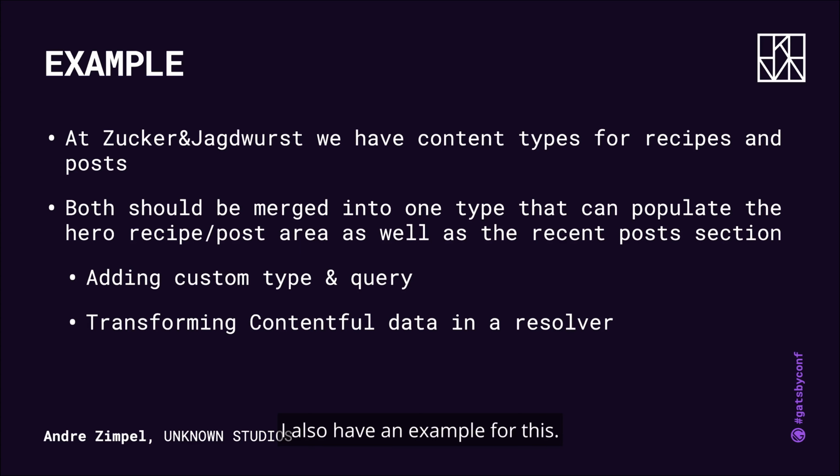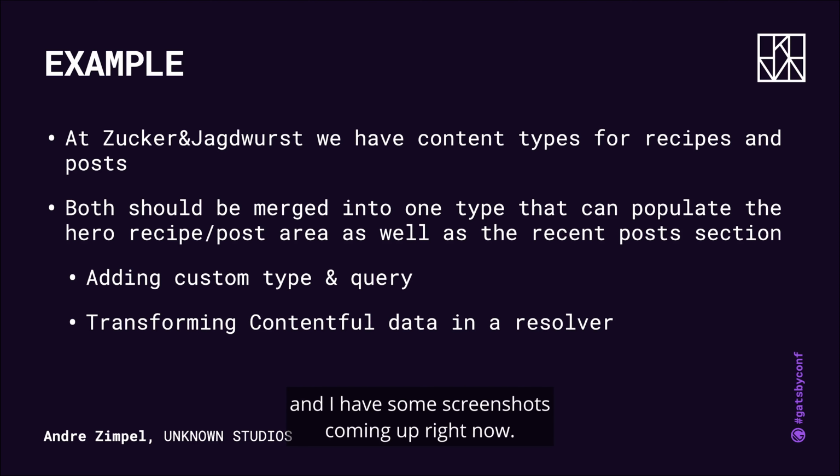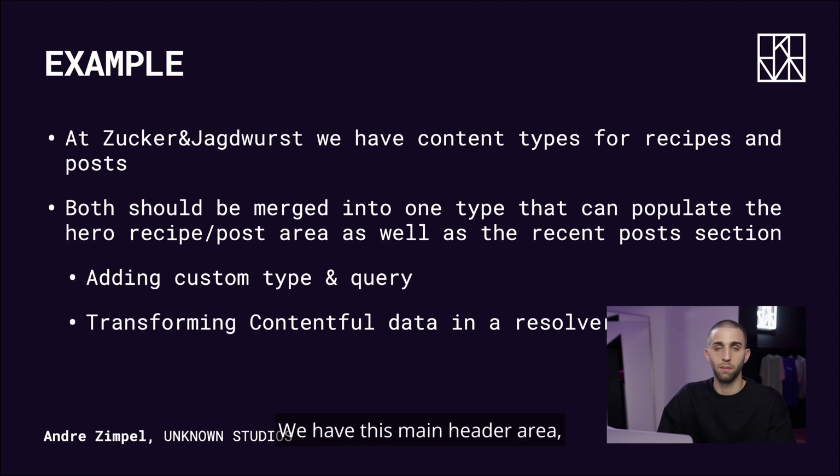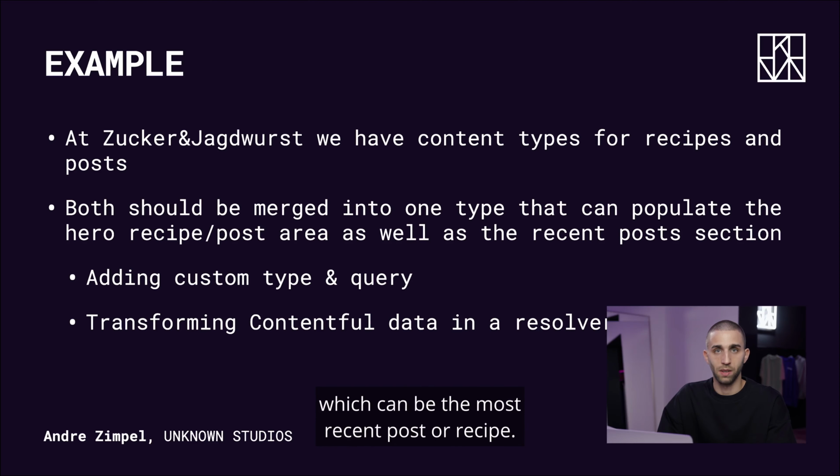I also have an example for this. At Zuckerjagdwurst, we have two content types, for recipes and posts. We do this because of different URL patterns and for various other reasons too. The thing is that both should be merged into one type, because, as you've seen before, and I have some screenshots coming up right now, we have this main header area, which can be the most recent post or recipe.